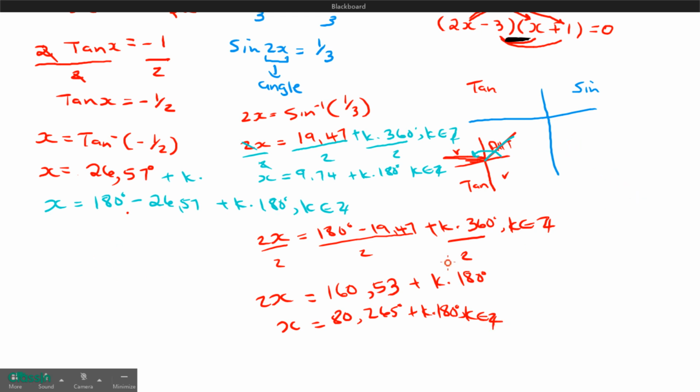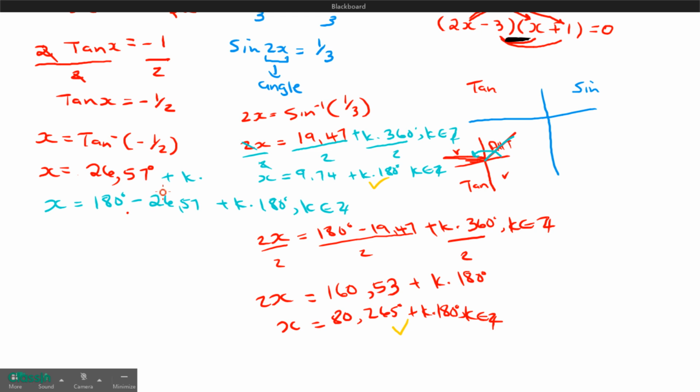Now so these are our solutions this side. And then we have our first solution here, and then we have our second solution there. Then now we come back to this side. Remember this side we had the first solution, which is 180 minus 26,57.